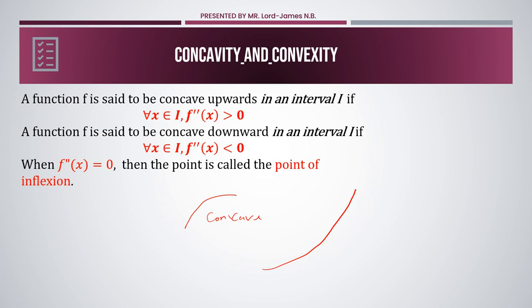Concave upwards is the same thing as convex downwards. So that's a convex and that's a concave. You just have to note this in your minds: convex, concave, convex, concave. That's how the gradient will be.